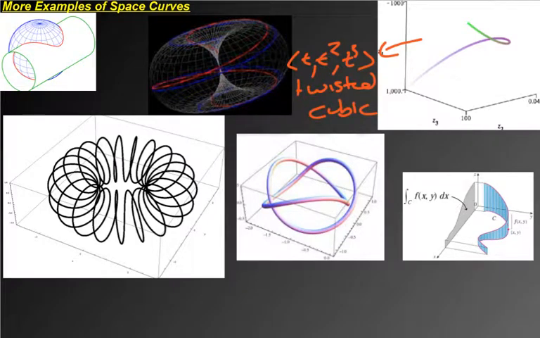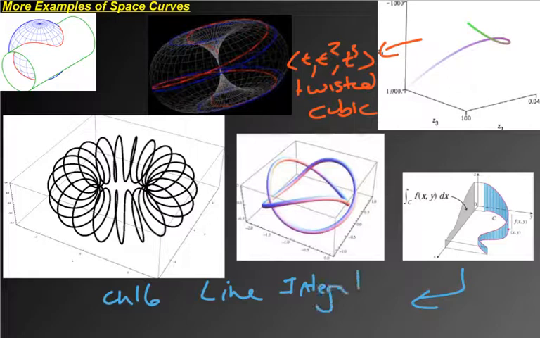This is something that we're going to study way down the line in chapter 16, something called a line integral. Okay, that's totally misspelled and also horrible handwriting. Line integral. Okay, better. Basically the line integral is almost just the idea of finding the area under some sort of space curve.